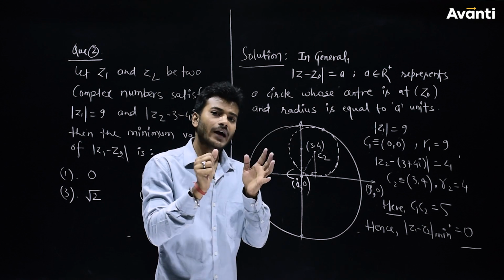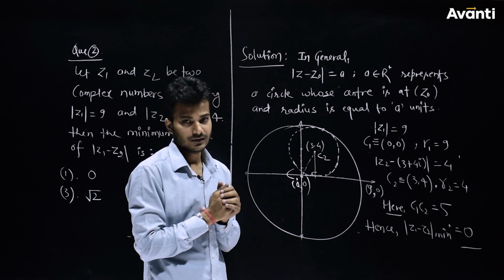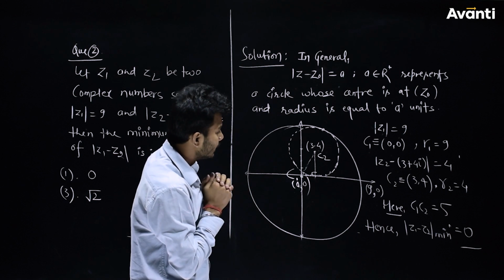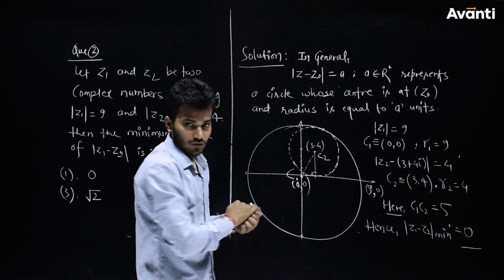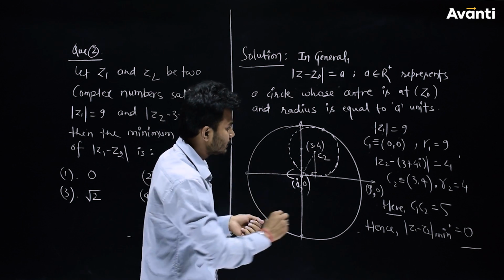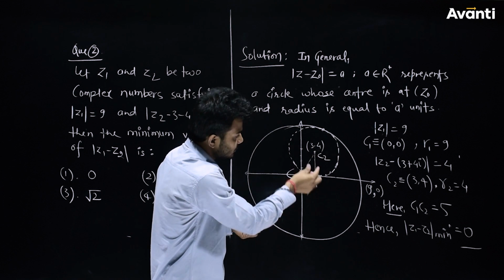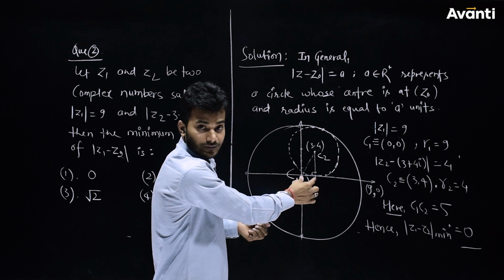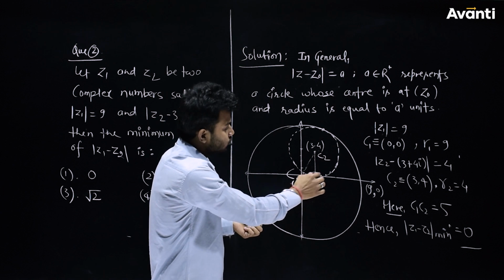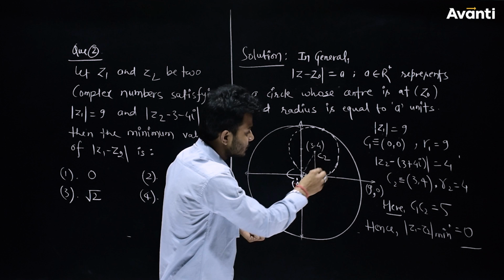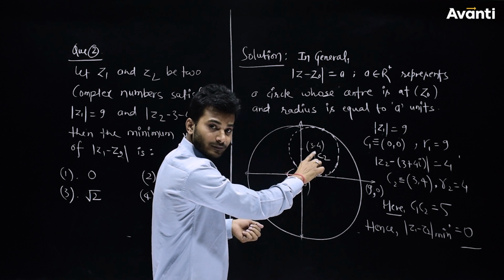Once you have identified the C1C2 distance, you see this point is (3, 4). That means this distance would be 4, and this distance would be 3, and this is 5.